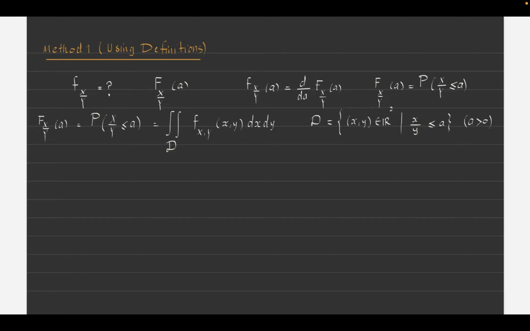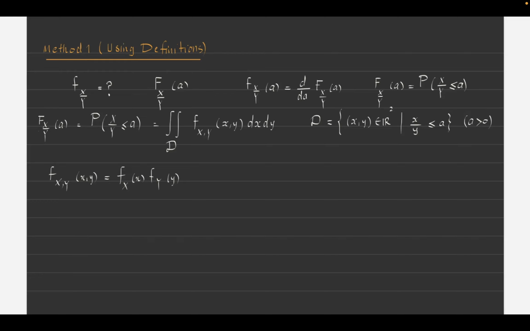The first thing that you need to do is figure out what this joint probability distribution is. In this problem they have mentioned that the random variables x and y are independent, so that means f of x,y can be written as the product of the marginal distributions, f sub x of x multiplied by f sub y of y.